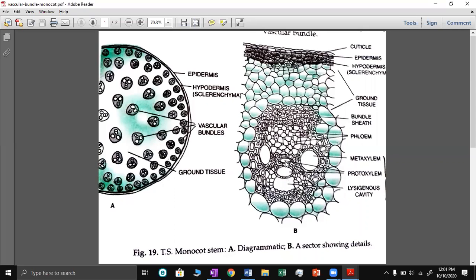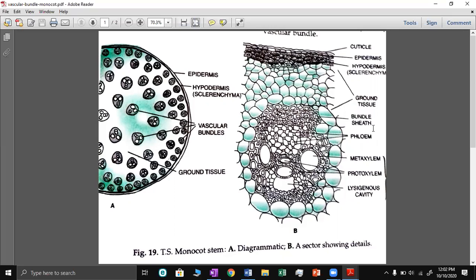Above the vascular bundle, these are the sclerenchyma bundle sheath. It is just like a cap on the upper portion as well as on the lower portion. In some of the monocot vascular bundles, the vascular bundle is completely surrounded by sclerenchyma tissue.